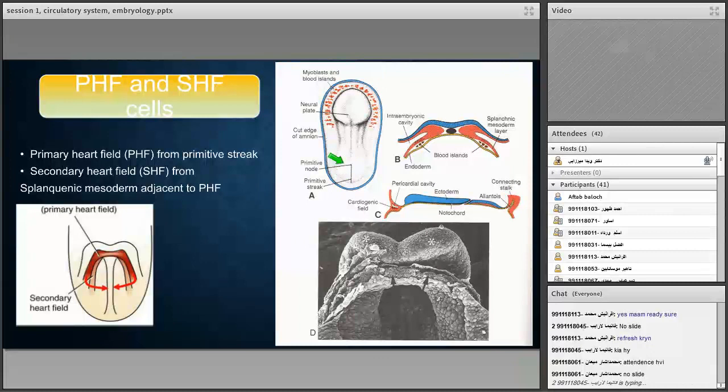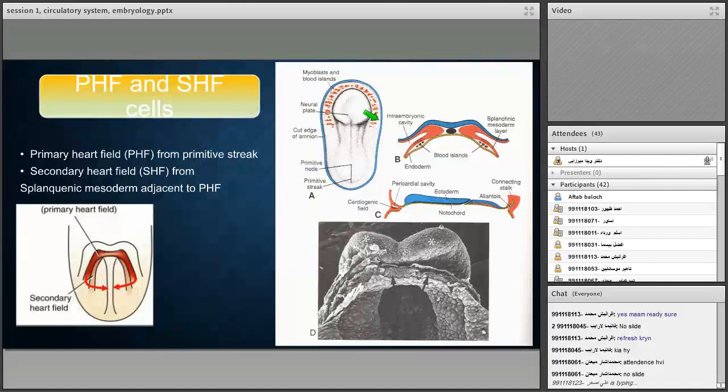Also, we have some myoblasts and blood islands in the epiblast. The pointer is showing the myoblasts and the blood islands.